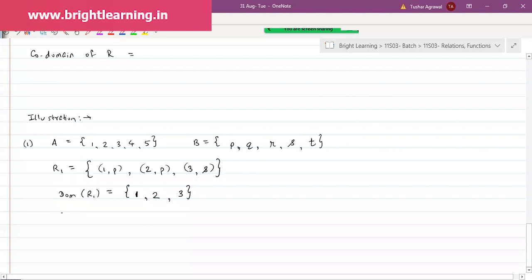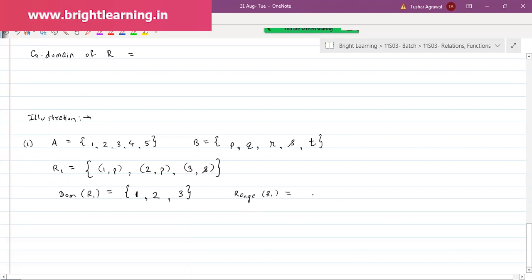Range of R1 will be what? The set of second elements, which means the elements of the set B which have actually formed an ordered pair.